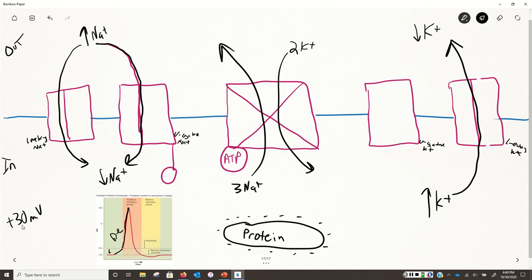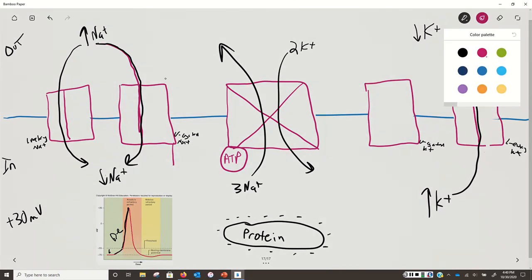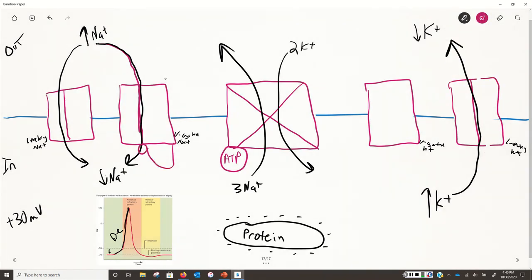At positive 30 millivolts, a few really important things happen. First, our wrecking ball, our inactivation gate, is going to slam shut. It plugs the opening. So when that happens, sodium cannot come through anymore.